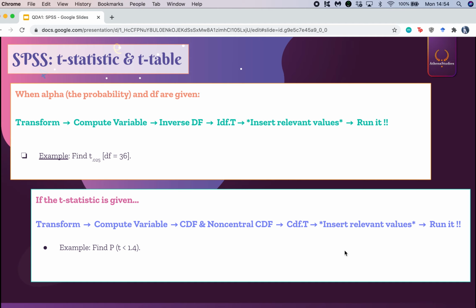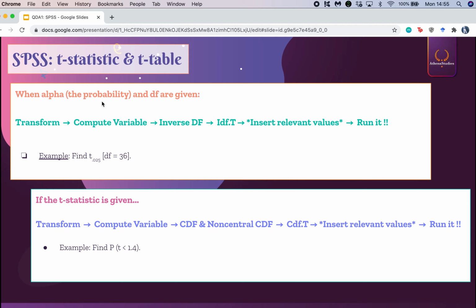In most cases, they will ask you more for the first example, where we're trying to find what t-value matches with an alpha of maybe 0.25, for example, and degrees of freedom of whatever. Most of the time, this is something that you'll be having to find in an exam setting. But of course, just in case, I also put if the t statistic is given and not the actual probability. So first, we're going to do an example with this one.